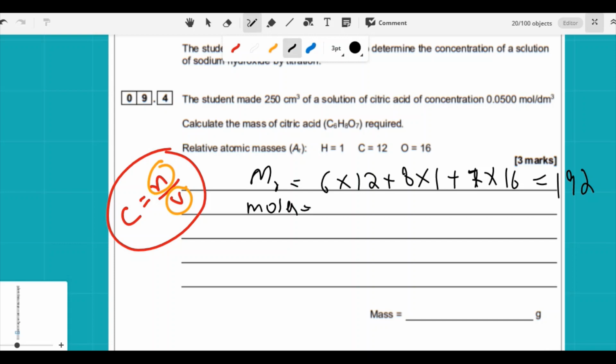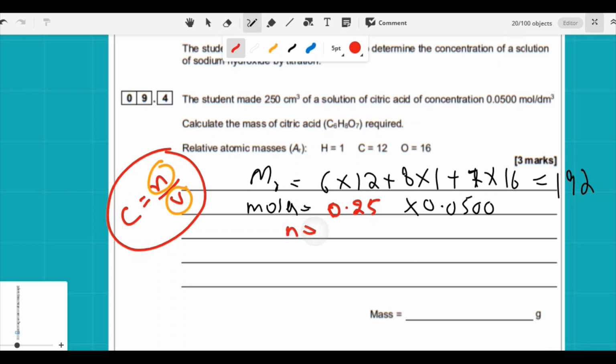So here the concentration is 0.0500 times the volume, which should be in decimeter cube. So 250 divided by 1000, that will equal 0.25.